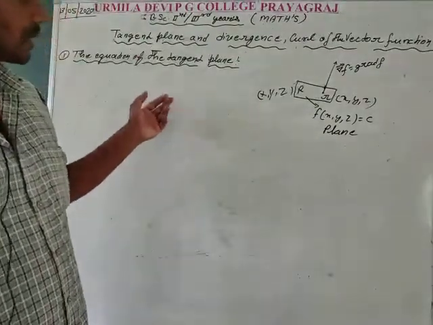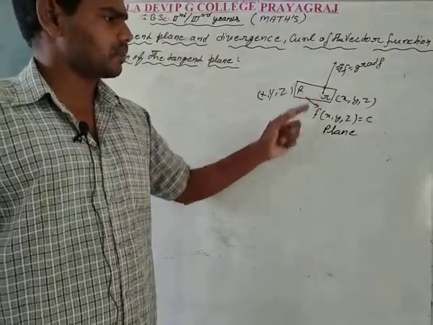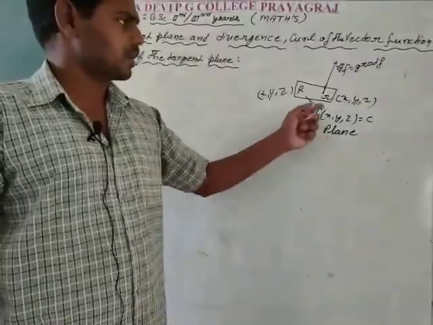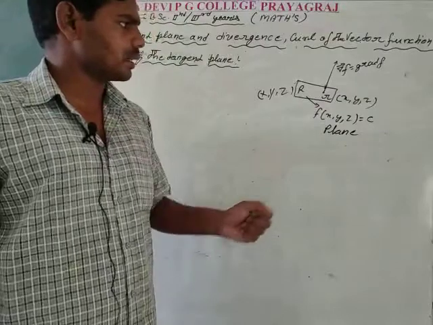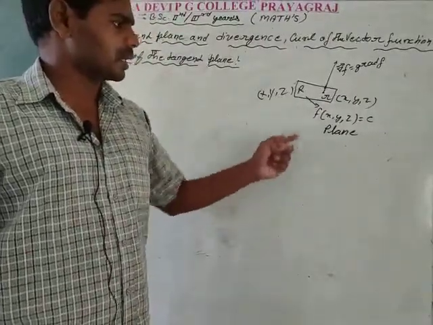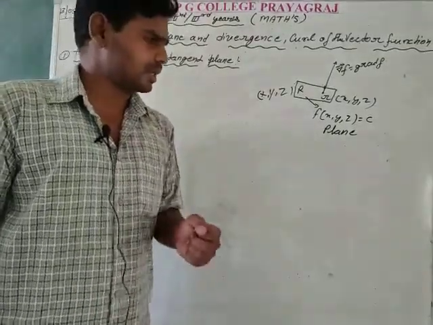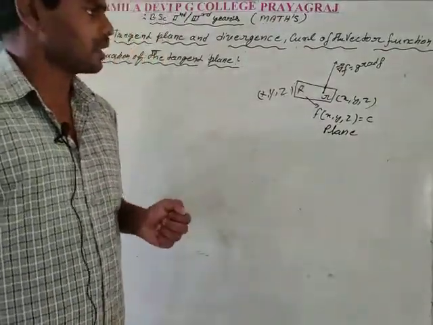So find the equation of the tangent plane drawn at the given point, and the surface equation is f(x, y, z) equals c, where c is a constant.